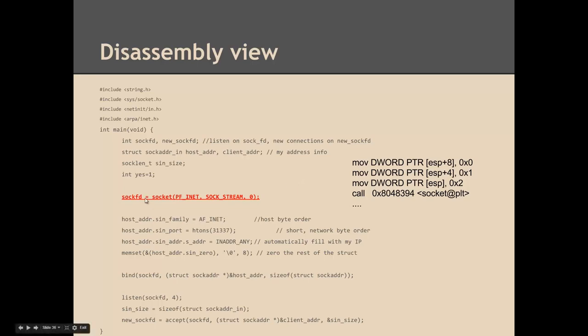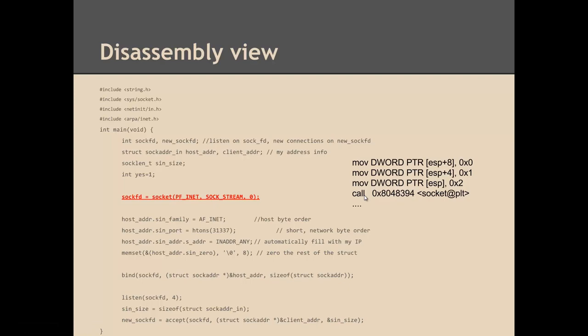So the disassembly view for this line of code effectively moves first on the stack 0, then 1, then 2, then calls the socket function. It could be that EAX was set up and pointed to the socket system call.